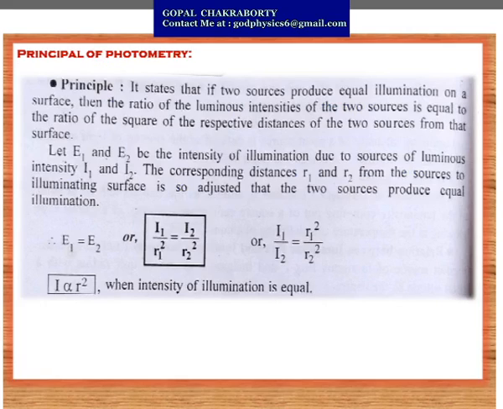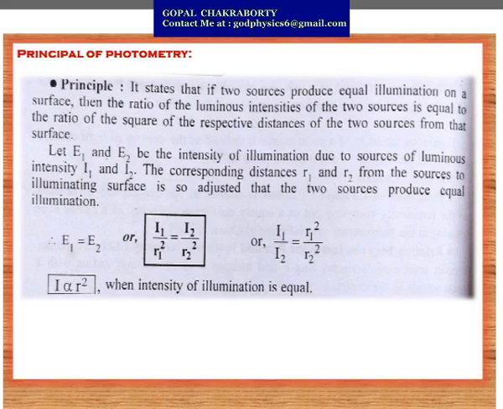Next one. This is basically the last part and the most important part, the principle of photometry. This principle states that if two sources produce equal illumination on a surface, then the ratio of the luminous intensities of the two sources is equal to the ratio of the squares of the respective distances of the two sources from that surface.